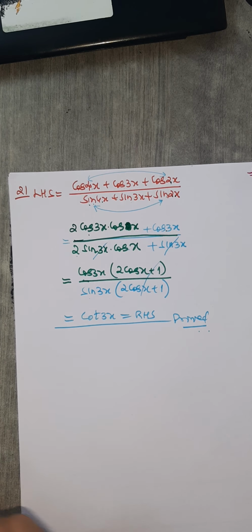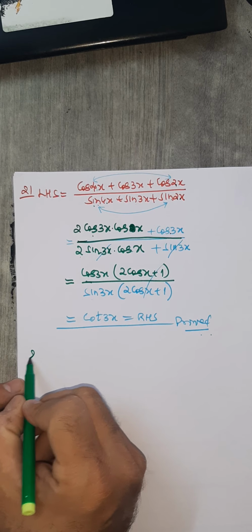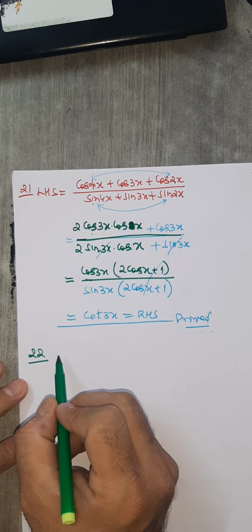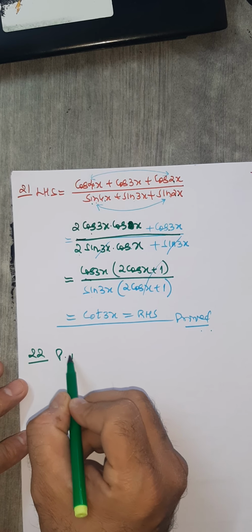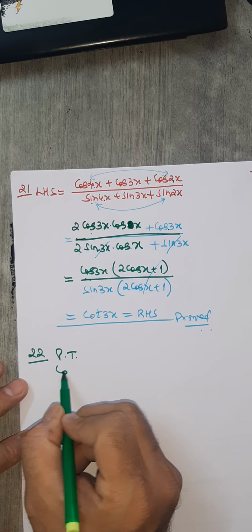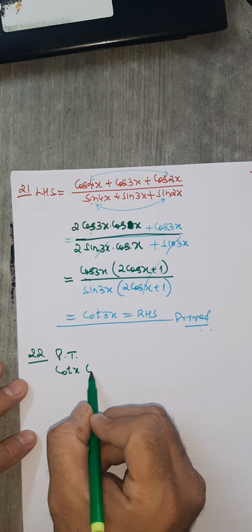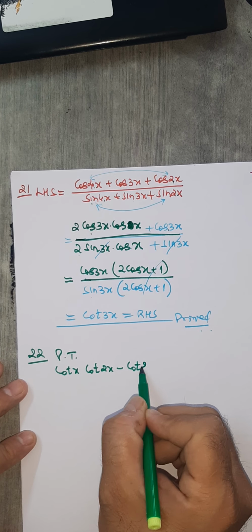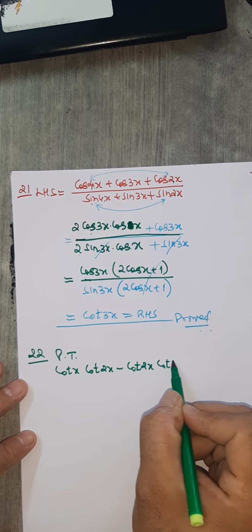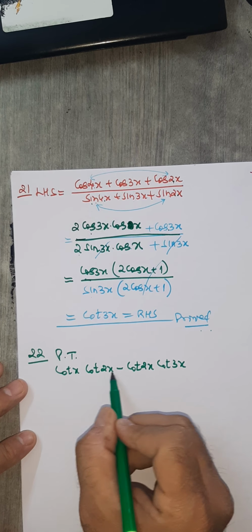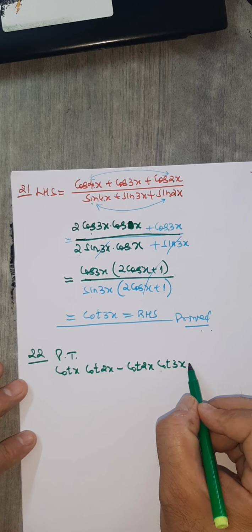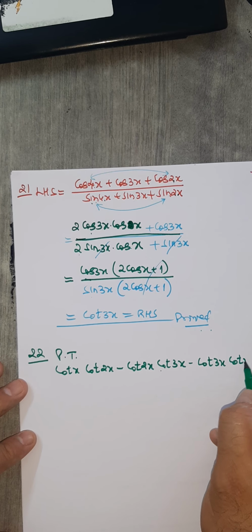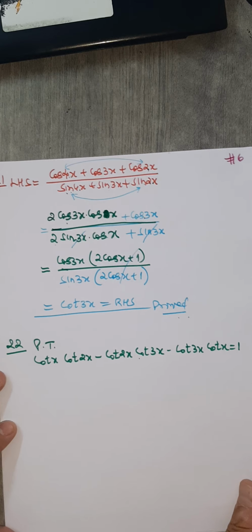Next question, 22. If you remember, earlier we had a question like this about tan function. Here you are asked to prove that cot x into cot 2x minus cot 2x into cot 3x, there are three angles, x, 2x and 3x, minus cot 3x into cot x equals 1.